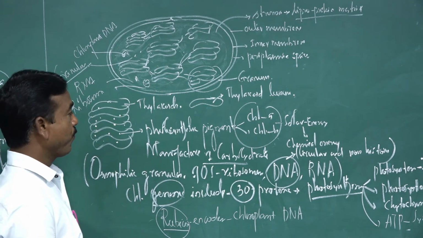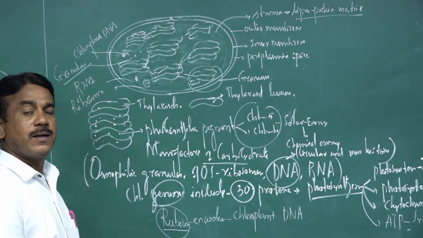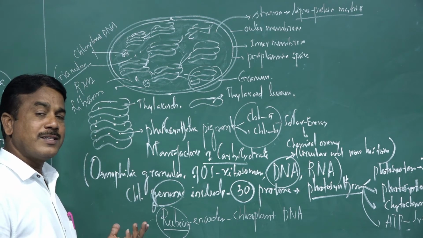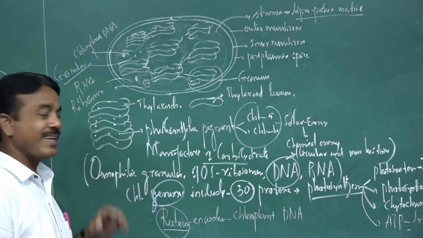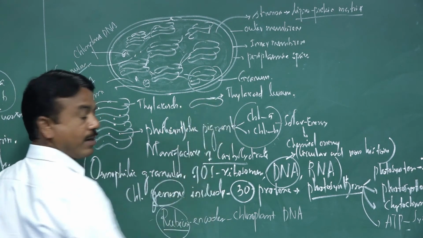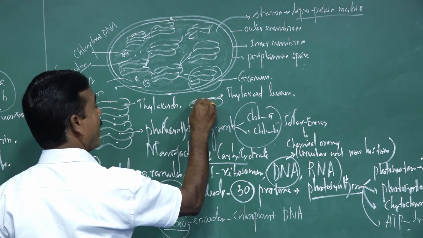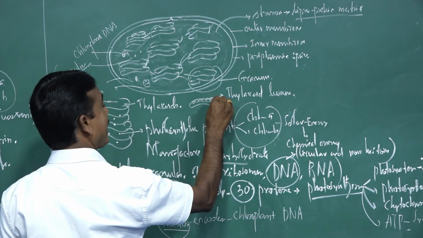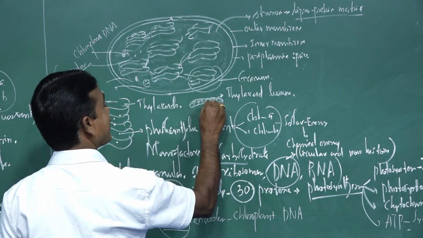In addition, I have already indicated thylakoid. Several disc-shaped lamellae arranged like piles of coins are commonly called thylakoids. Each thylakoid possesses smaller, rounded structures that can be considered photosynthetic units.